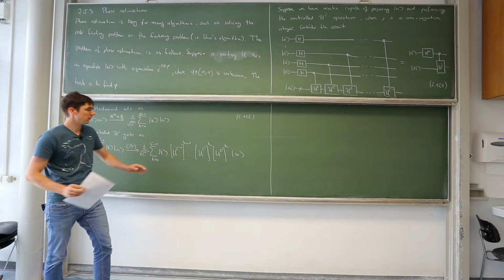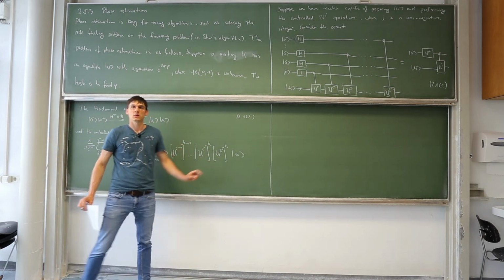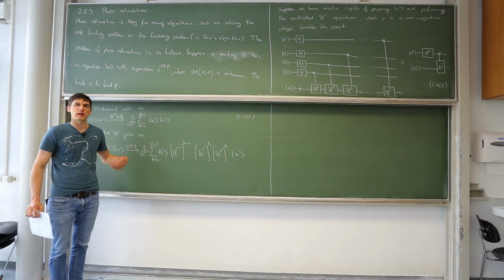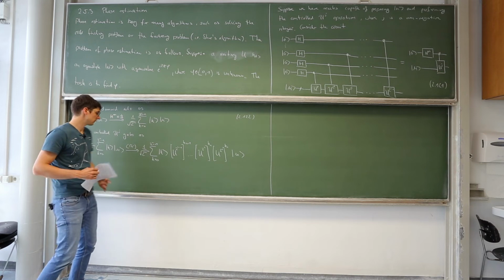Okay, and now we use that this is an eigenstate with the eigenvalue e^(i 2 pi phi), right?